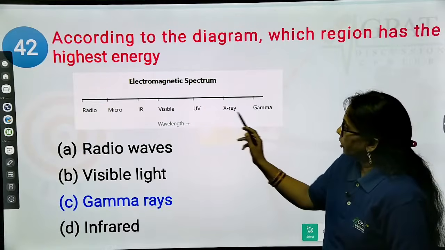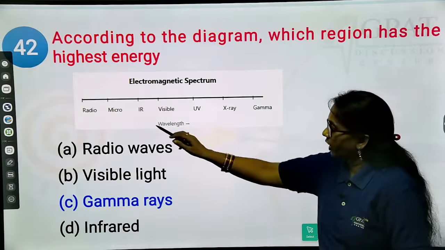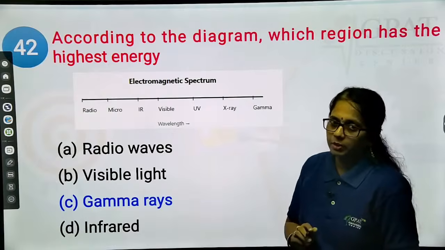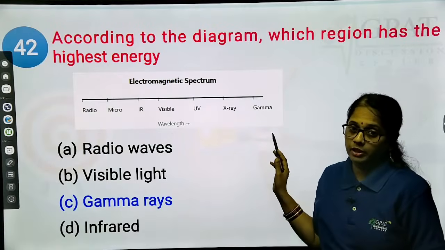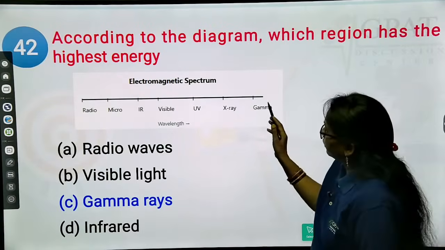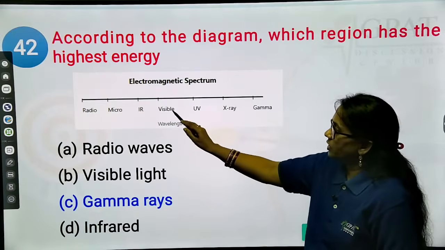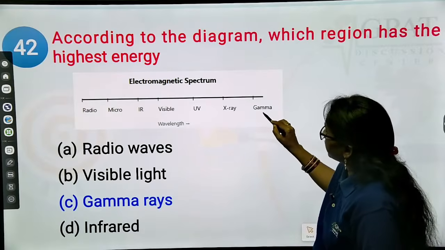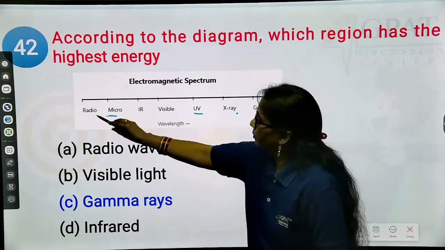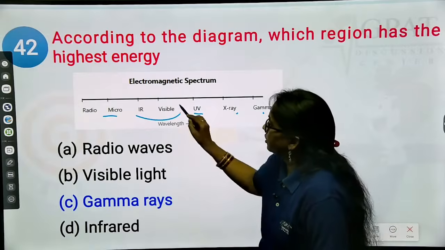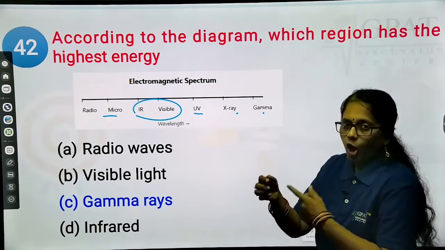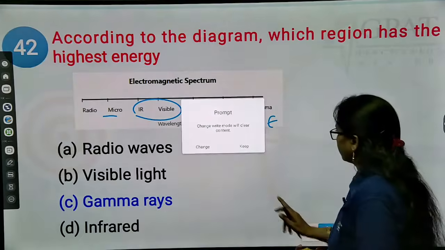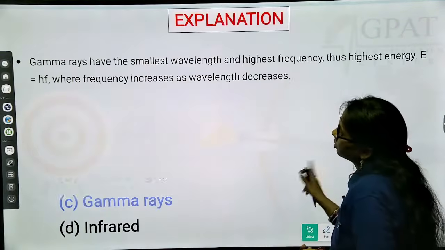You observe the sequence of the wavelength. Wavelength is high for the radio waves and less for the gamma rays, whereas energy is high for the gamma rays. Then X-rays, then UV, then visible, then IR, then microwave. In that question, they have given gamma rays, X-rays, UV, microwave, so they have skipped these two. But the order you need to take is that energy is very high for the gamma rays. So we are at question 48.